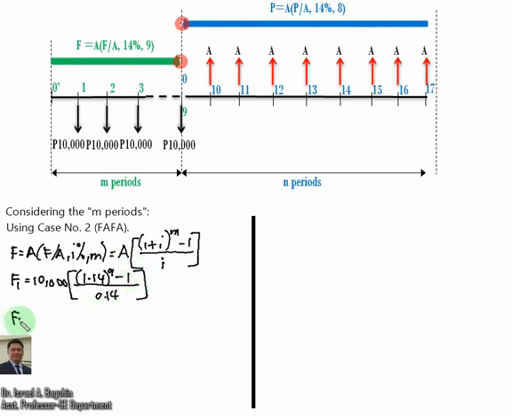So our F1 then is equal to how much? 160,853 pesos. Okay, so we are done with our future worth considering the M periods.